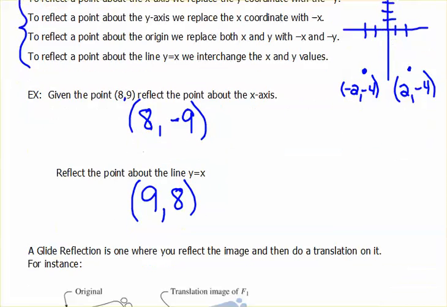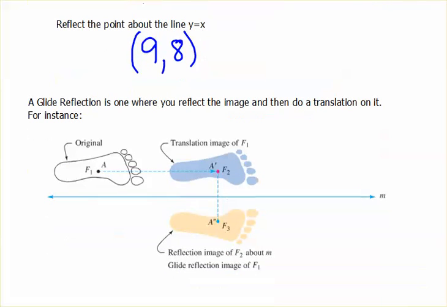Now the last of those transformations that we're going to be talking about is called a glide reflection, and we're just going to briefly talk about that because it's really just a combination of two transformations. A glide reflection is where you reflect the image and then do a translation on it, or vice versa.